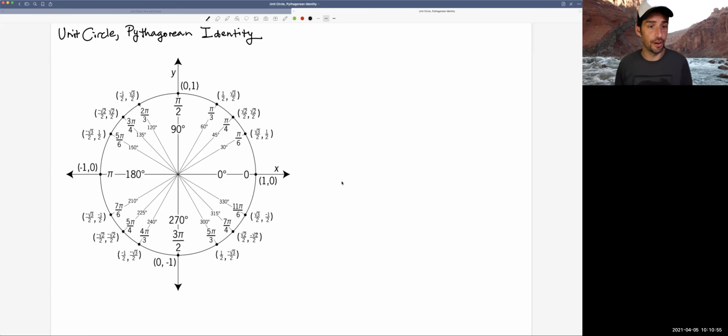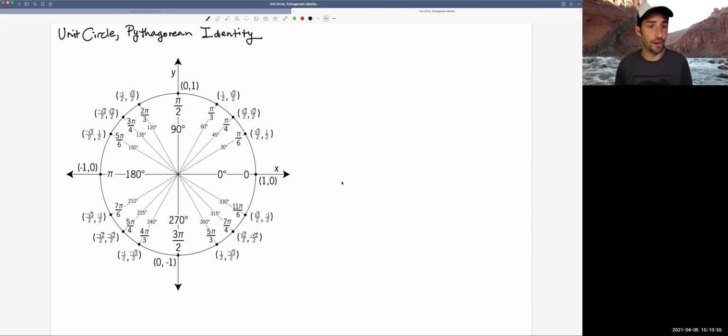So what this unit circle does is show us, first of all, these two numbers right here are the radian and degree measure, right? So you can see the degree symbol, and then the radians are the ones with the pi's in them. And so based on this unit circle, I can see that the cosine of, I like to do radians, so 2 pi over 3 is equal to, so cosine is the x coordinate, and on the outside of the circle we have the x coordinate.